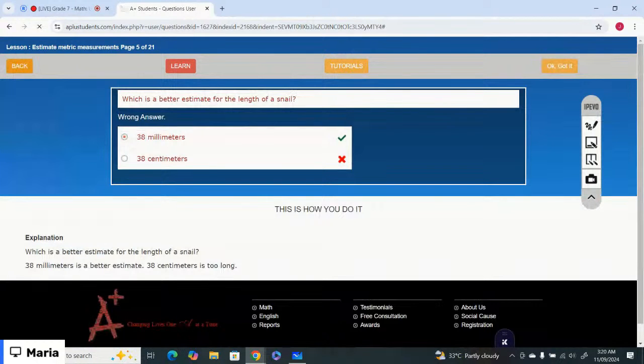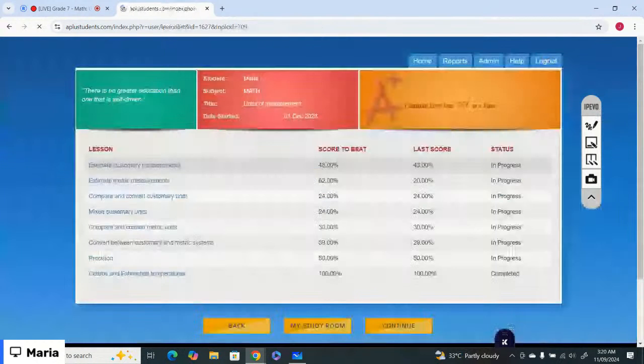Let me just move on to the next lesson. The next lesson is compare and convert customary units.